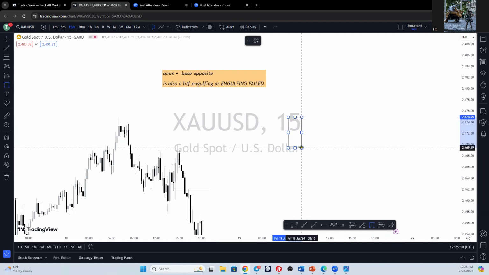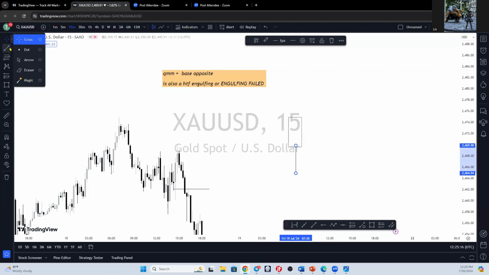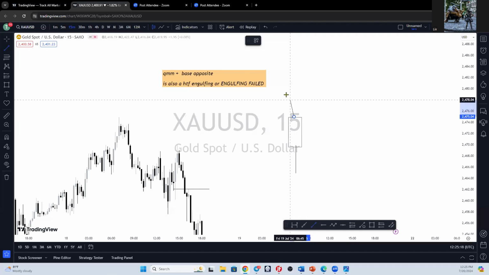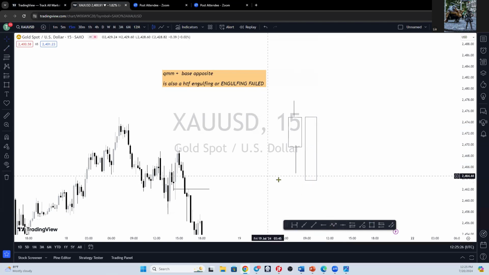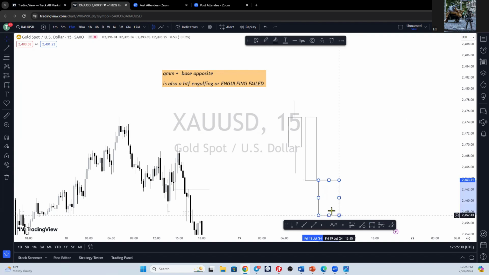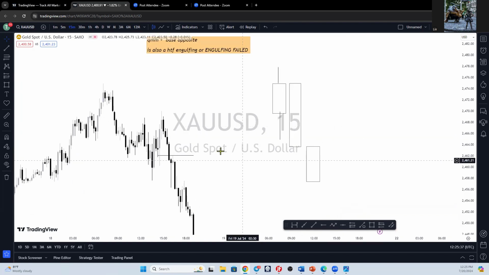So we have an engulfing here which was a QM, and that engulfing has been engulfed.